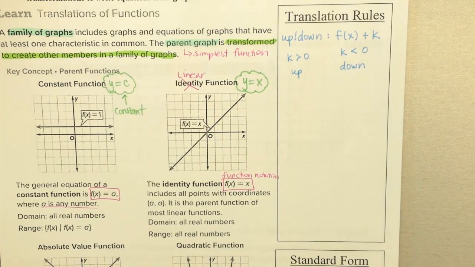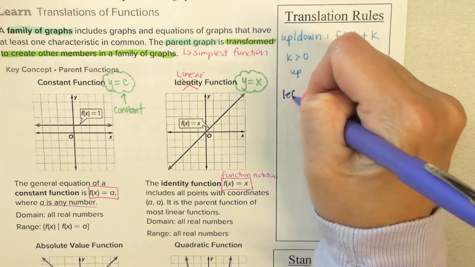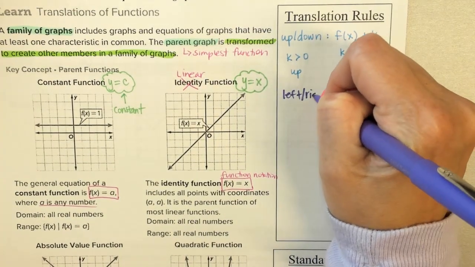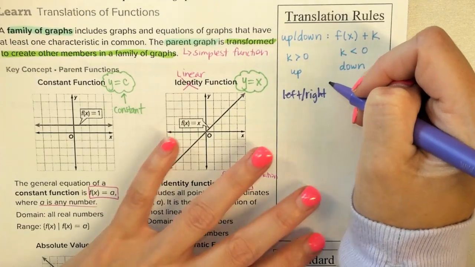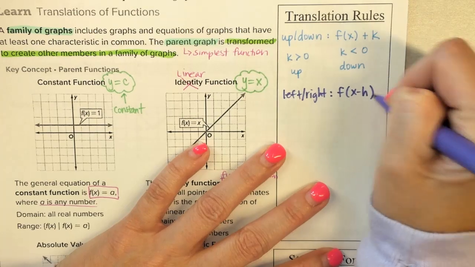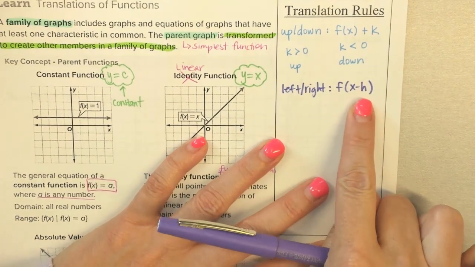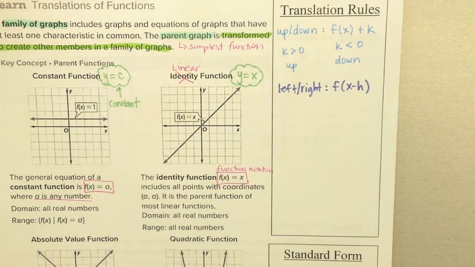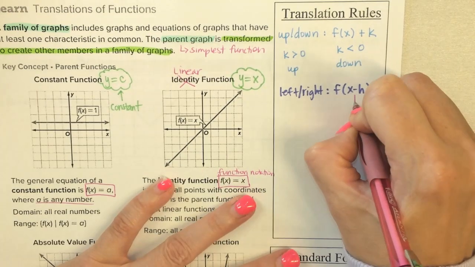Okay, the other one that's a little bit trickier is when you are moving left or right. So if you are moving to the left or right, you have to pay attention to your parentheses. Okay, this is what we call the rule. So your rule is f of x minus h. We're going to pay special attention to this sign.